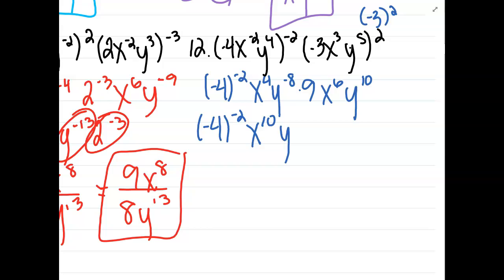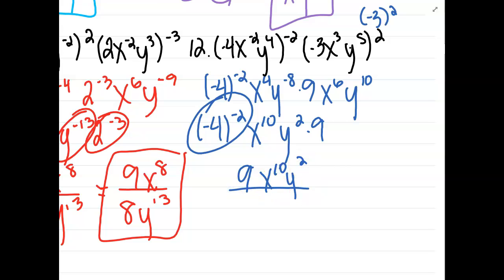Y to the negative 8 plus 10 would be squared, and we still have the 9 there. Now, the only thing that has a negative exponent now is the negative 4. So, I'm going to write the 9 in the front just because that's more typically how it'll be written. So, 9 x to the 10th y squared.